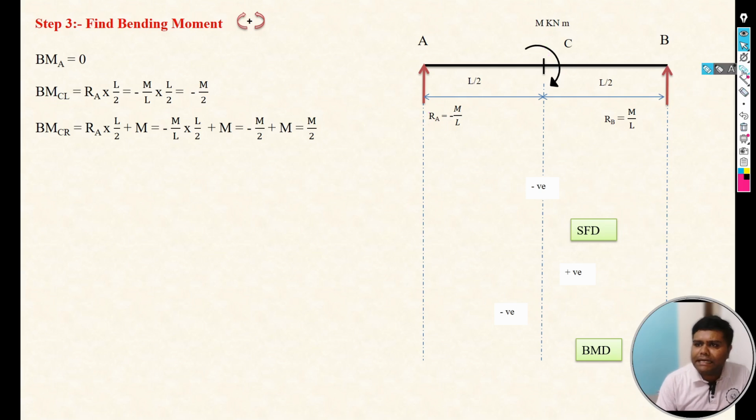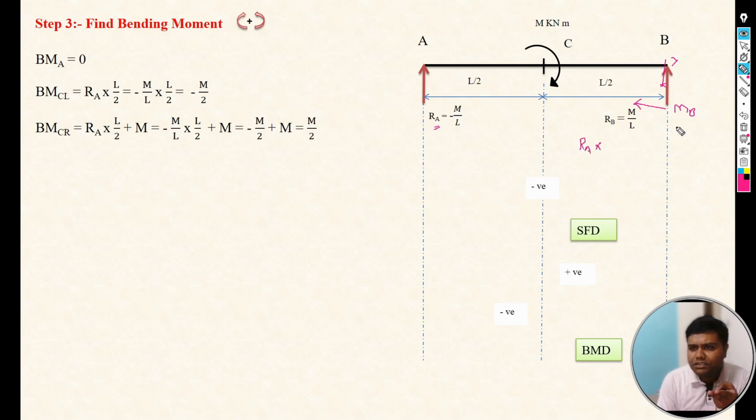Now the next is the bending moment at the B point. Directly take the moment at B point, and if you focus on the left part of that particular section, again two forces are there. One force is RA and the other is a moment. Moment of RA is again RA into perpendicular distance.